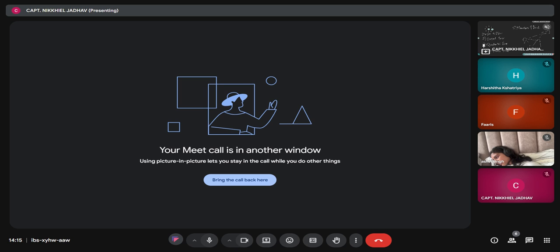Next is static interference and precipitation. About these errors, if I ask you what all errors NDB is subjected to, you should be able to list all of them for me.